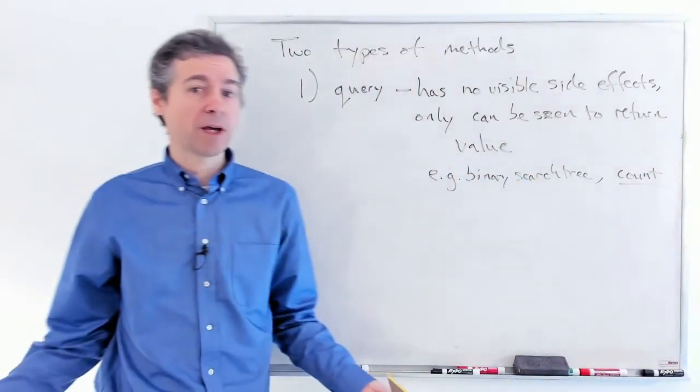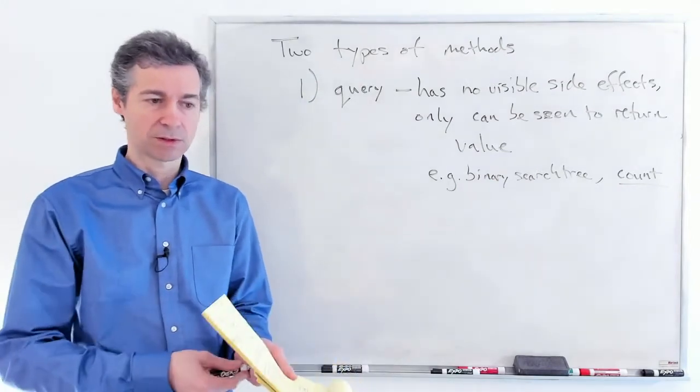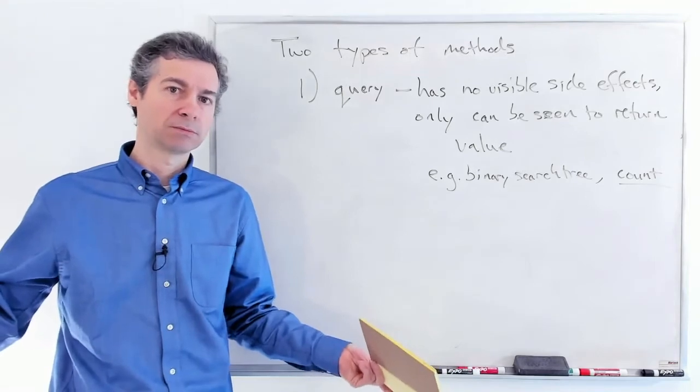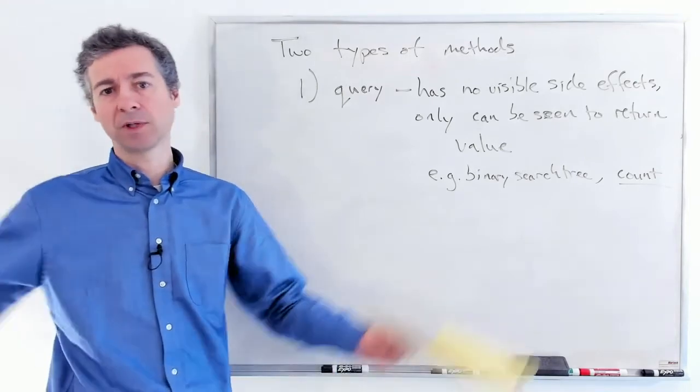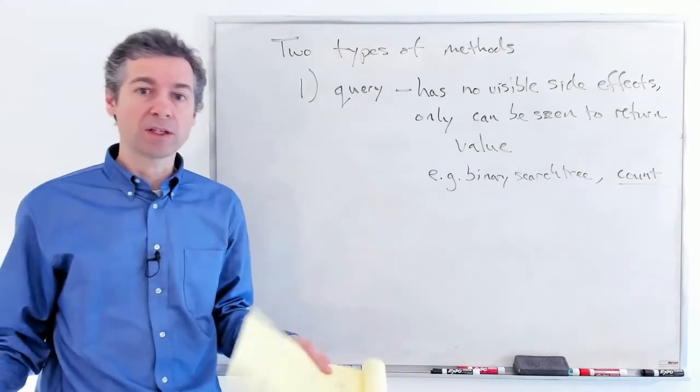How many things do you have in you? Well, we expect that the tree will just go, I have 23 things in me. I'm empty, I have 0 things. We don't expect it to change anything.